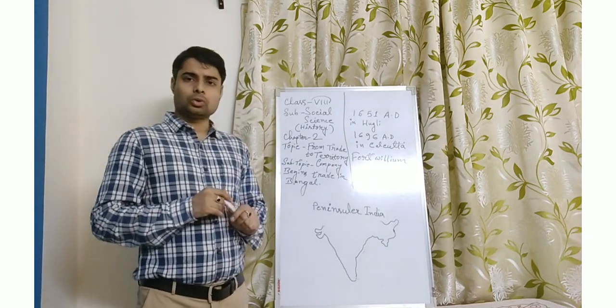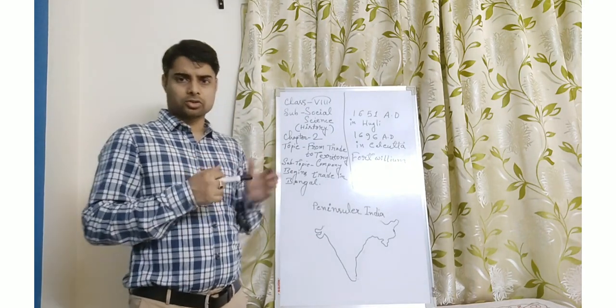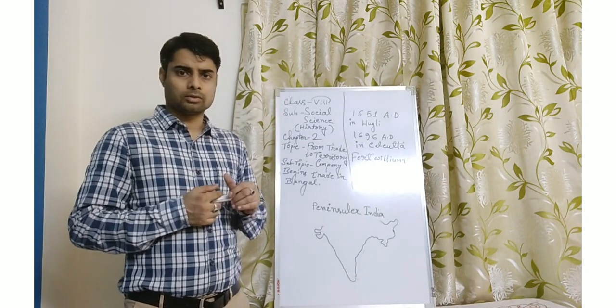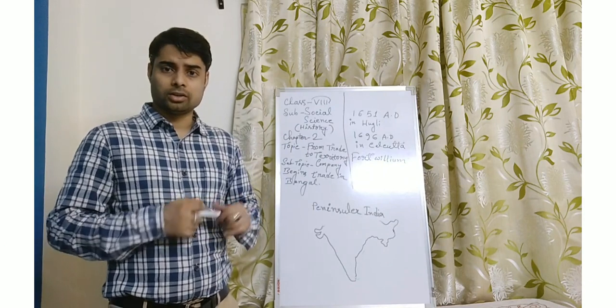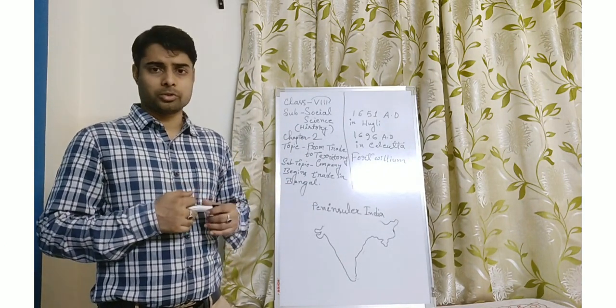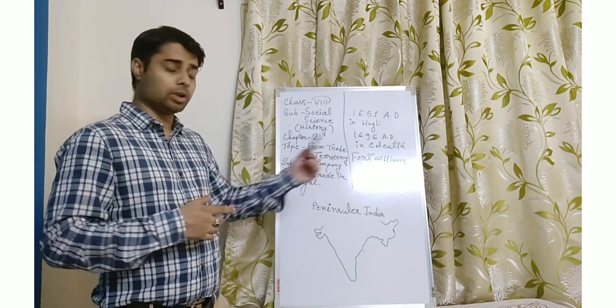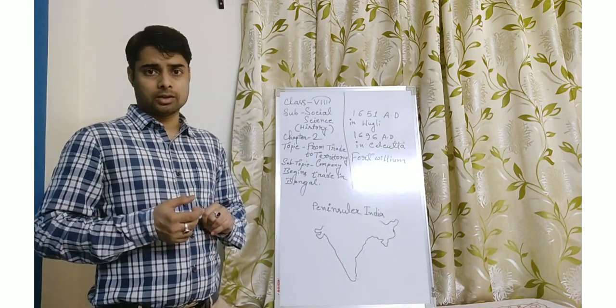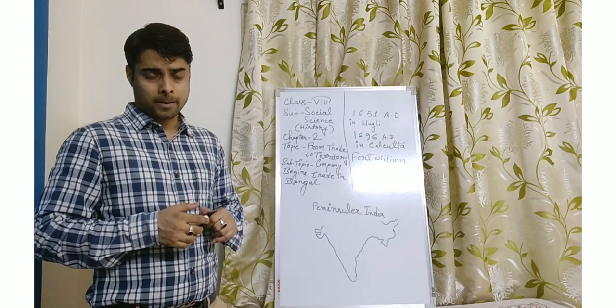At that time, they also managed to get the right to trade duty free in Bengal, and they got the permission from Aurangzeb, the Mughal emperor at the time, to trade in Bengal duty free.